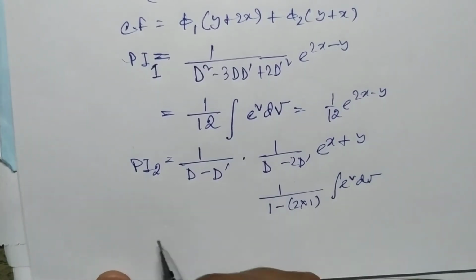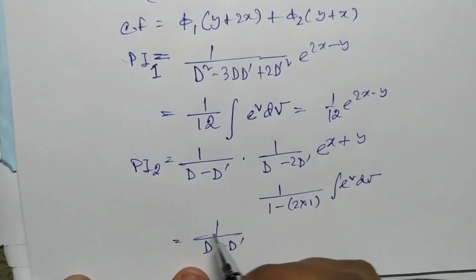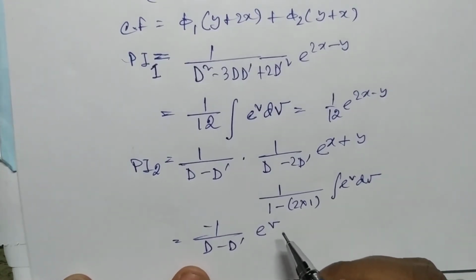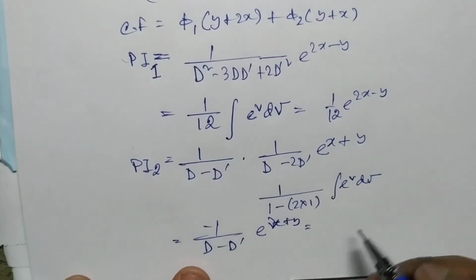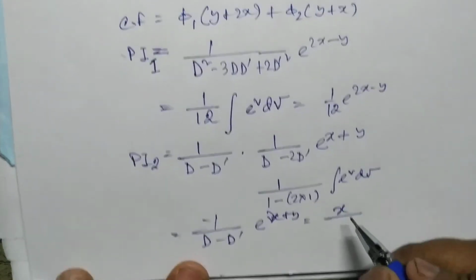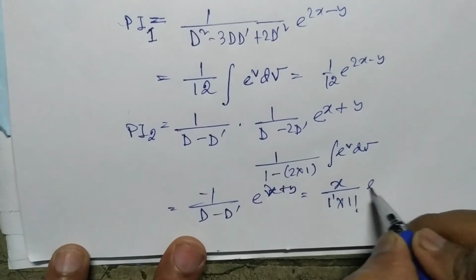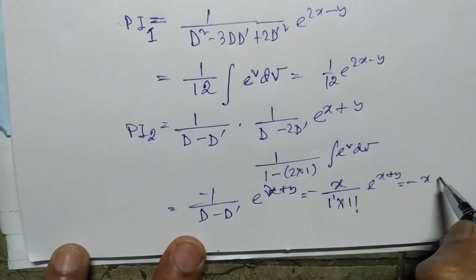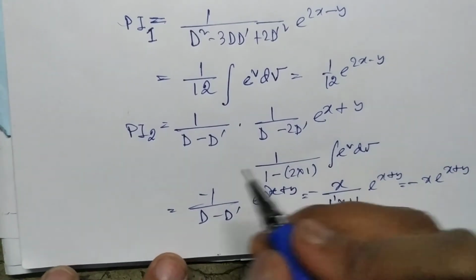So we have 1 over (D minus D') of minus e to the power (x plus y), whatever you write. But for this part, the second formula, that is the 1 over 0 formula, will be applied. So minus x e to the power (x plus y). This is the PI for the second part.